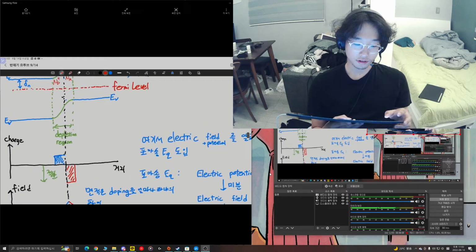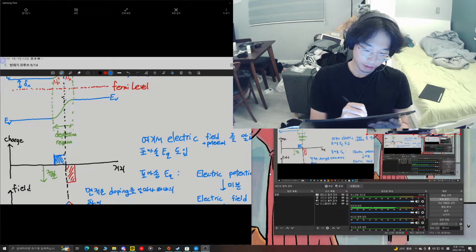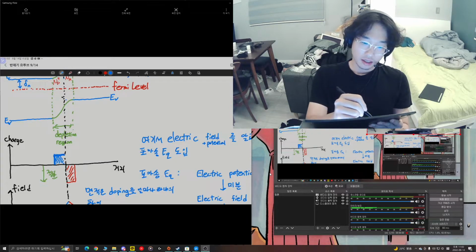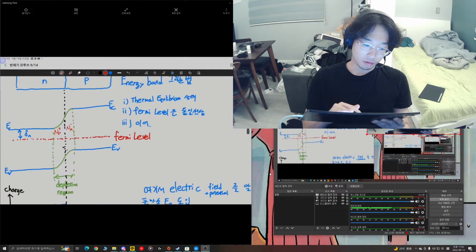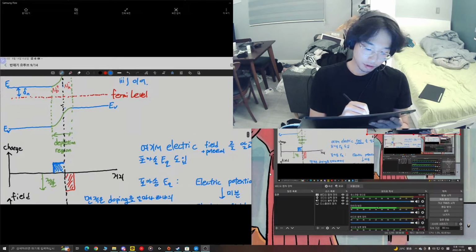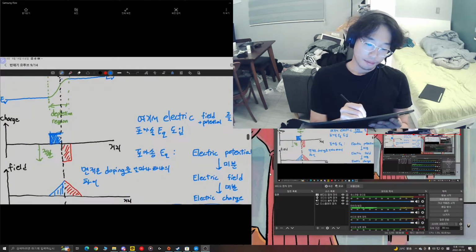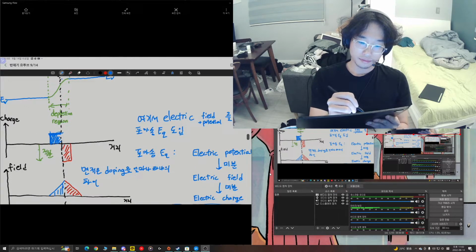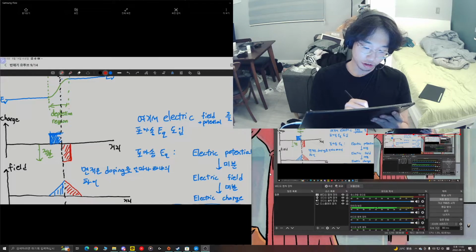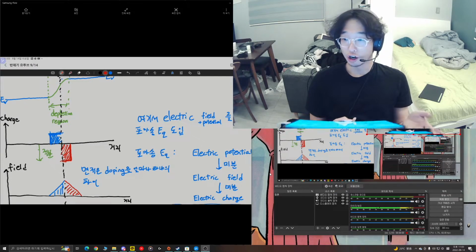The P-type junction has this amount of charge, and the N-type junction has this amount of charge.